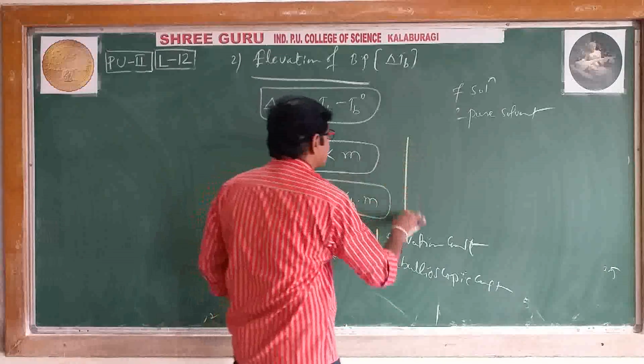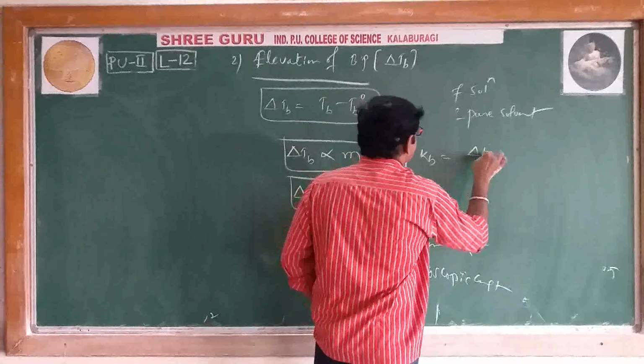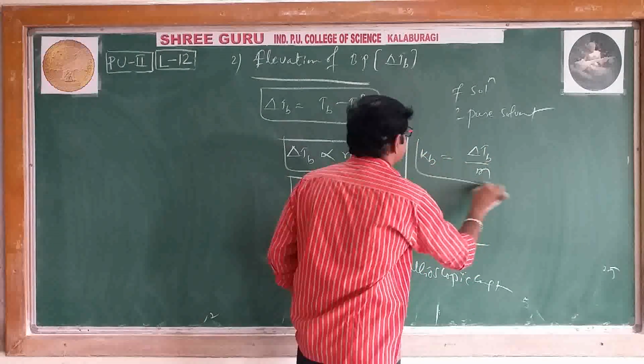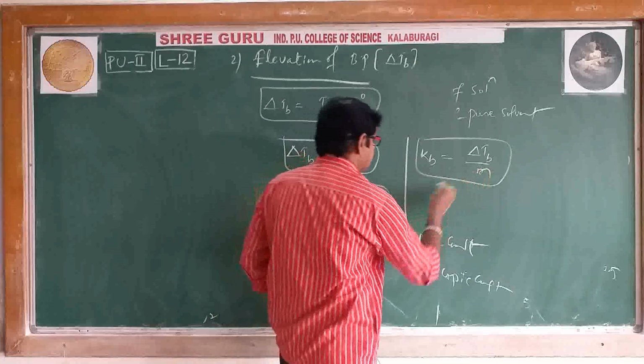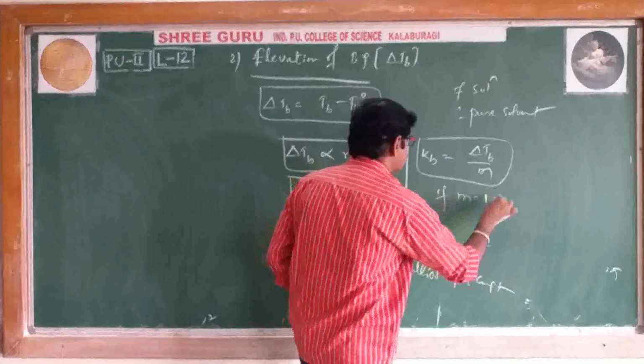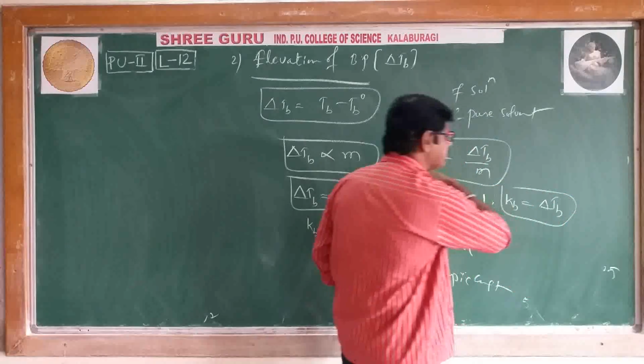Now I want to define KB. KB is equal to delta TB divided by m is the formula. To define KB, if m equals 1, then KB equals delta TB.